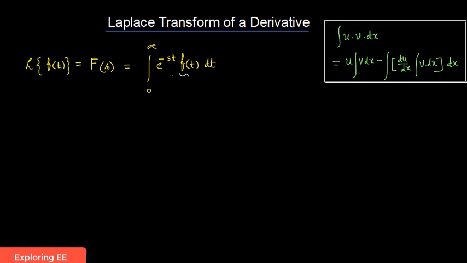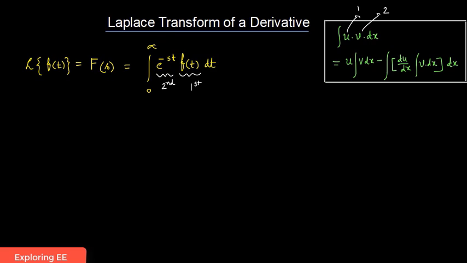Assuming f(t) is the first function and e to the power minus st as the second one, applying the rule of integration by parts, integration of u v dx, where u and v are functions of x, u is the first function, v is the second function: u times integration of v dx, minus integration of du/dx times integration of v dx, whole dx.